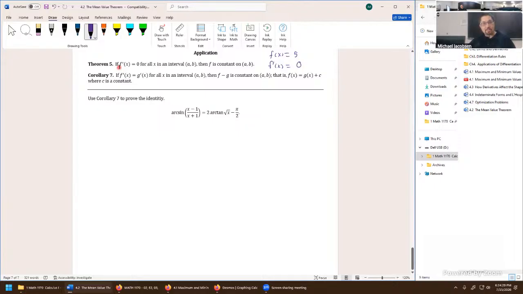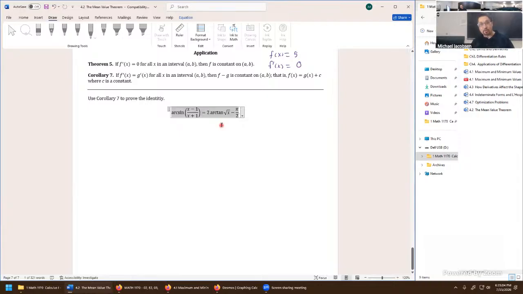Theorem 5 kind of goes backwards, and it says, if you started by knowing the derivative was 0 for all values in a particular interval, then you can reverse the logic up to that line and say the function had to have been a constant, some constant. Then another application, these are just immediate consequences of the mean value theorem, is if your derivatives are completely equal on an interval, then the difference of the functions is constant, and that would allow you to prove a crazy trigonometric identity like this one.